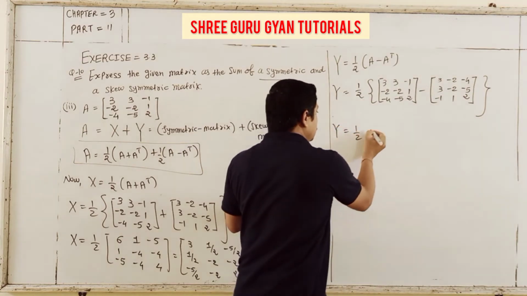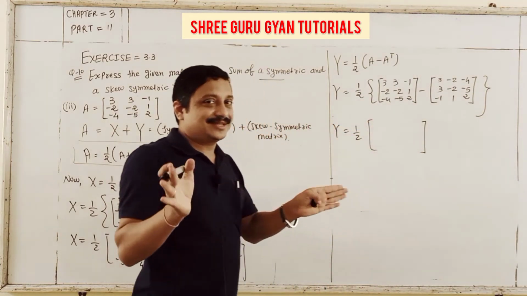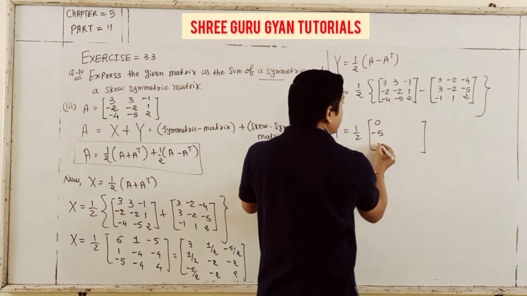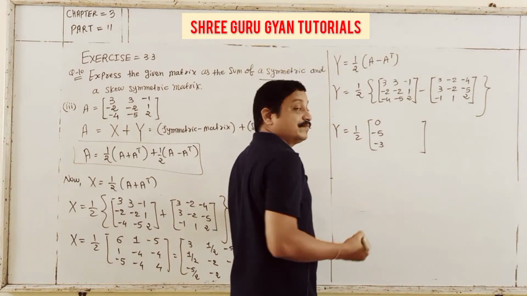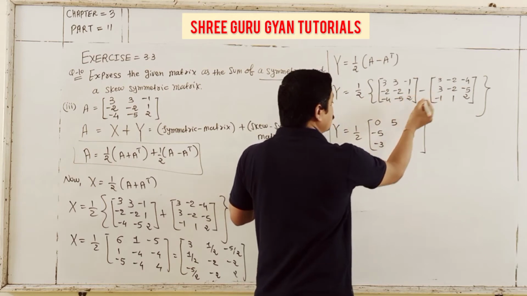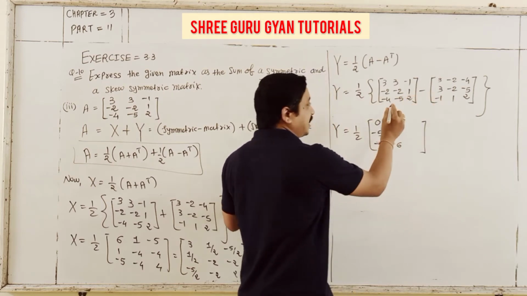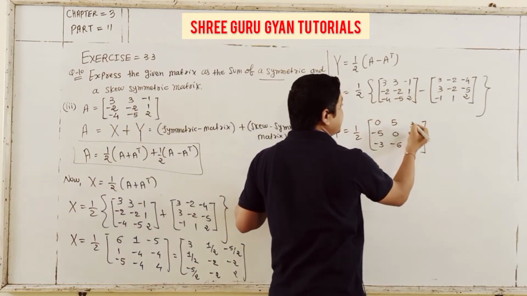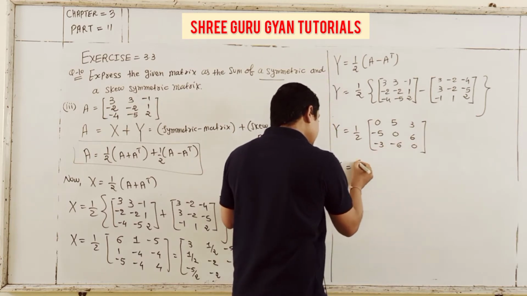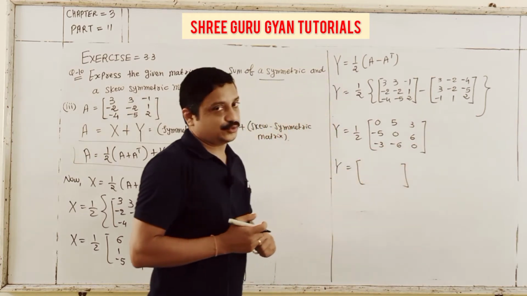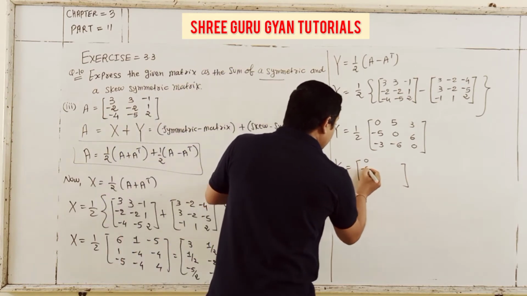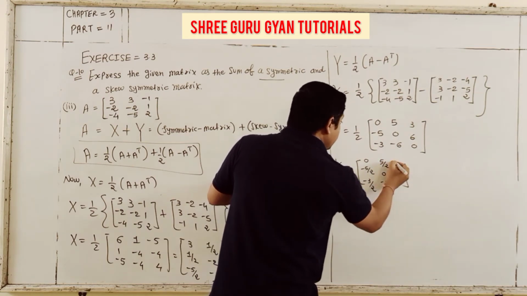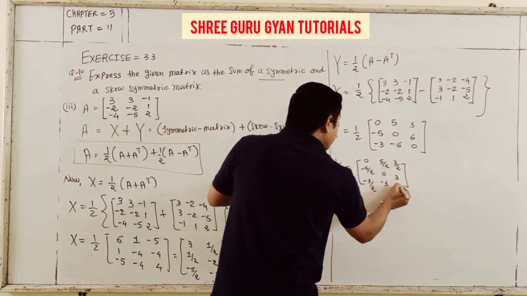Now simplify both subtractions. So 3 minus 3 is 0, minus 2 minus 3 is minus 5, and minus 4 plus 1 becomes minus 3. 3 plus 2 is 5, minus 2 plus 2 is 0, and minus 6, minus 5 minus 1, and last minus 1 plus 4 becomes 3, 1 plus 5 is 6, and 2 minus 2 is 0. Now I just divide by 2. So 0, minus 5 by 2, minus 3 by 2, 5 by 2, 0, minus 3, and here 3 by 2, here 3, but that is 0.